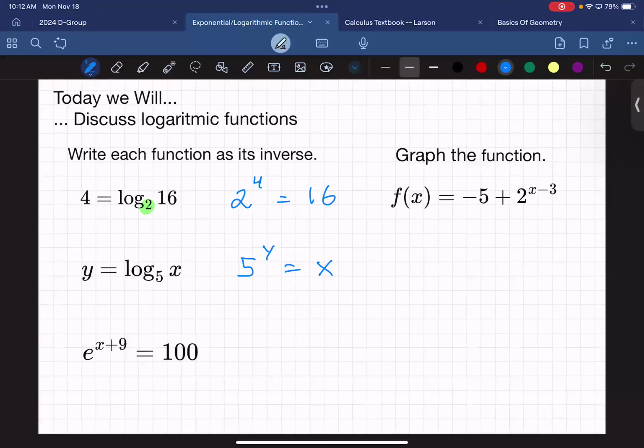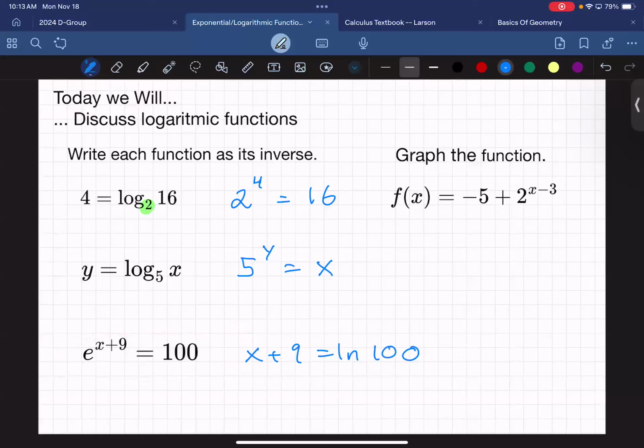Now, what's special about that third one I did down here? It has an e. So when I go to convert this to a logarithm, what should I use? ln. So we'll say x plus 9 equals the natural log of 100. One thing I will point out here on the software, you'll often see something with parentheses. That's fine.